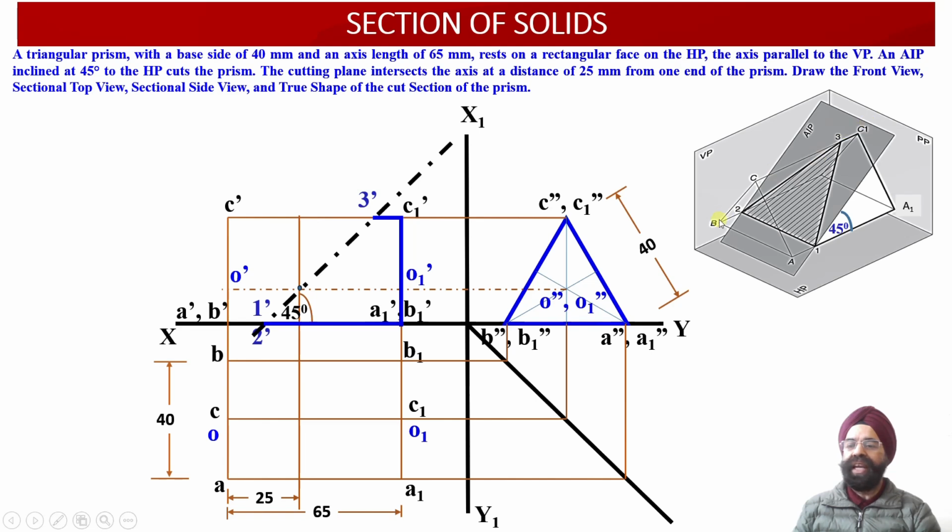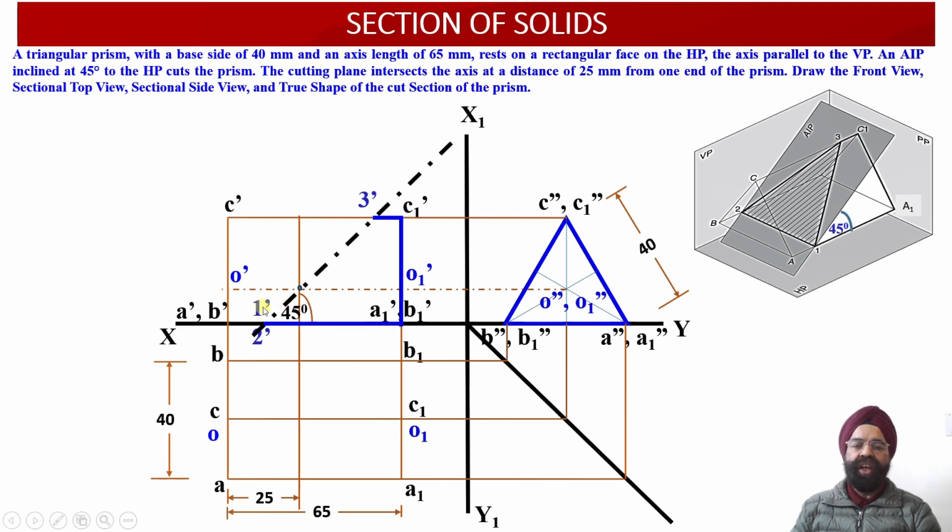These are the longer edges, AA1, BB1 and CC1. AA1 has been intersected by the cutting plane at the point 1. BB1 has been cut by this cutting plane at the point number 2. And CC1, the longer edge of this triangular prism, has been cut by this cutting plane at the point 3.